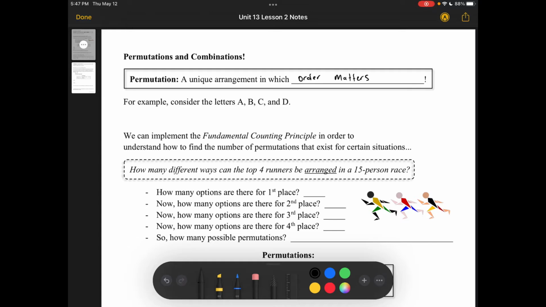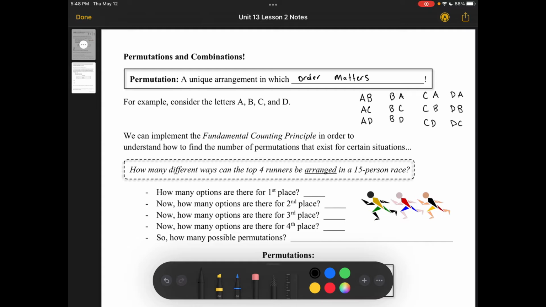So I could say AB, AC, AD, BA, BC, BD, CA, CB, CD, DA, DB, DC. So all of these are distinct groups because the order matters. AB is different from BA, even though they have the same letters.